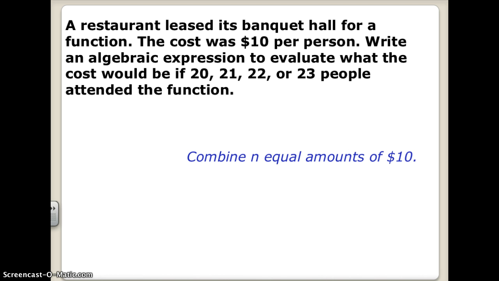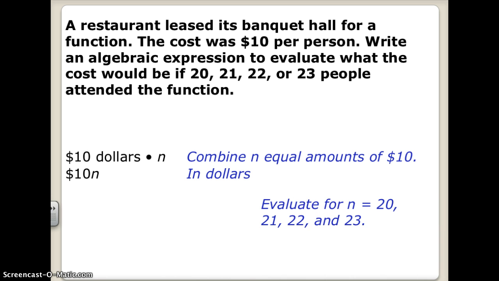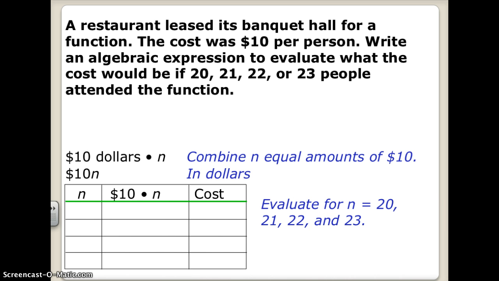Combine n equal amounts of $10. So $10 times n will give us the total. Our total will be in dollars because we're computing a cost. And n represents the number of people. So if we put this in a table, it's easy to view.